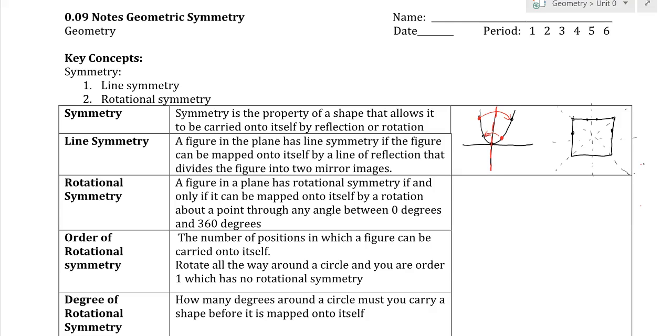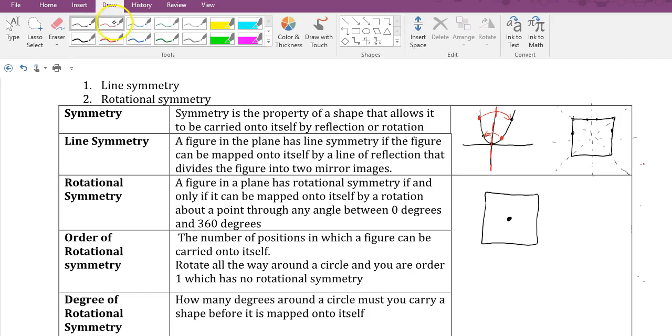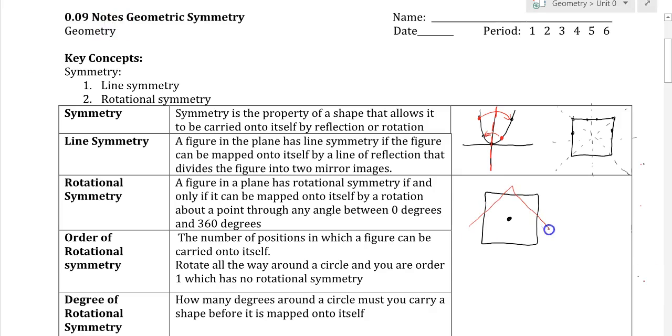The other half is rotational symmetry, which is very similar, except we're looking for a point inside the figure that we can rotate our figure around and get the same figure back, rotate it onto itself, so that the image is exactly the same as the pre-image. So if we took that square again, and we started rotating around the center of the square, you could rotate your points and definitely have it not match up.